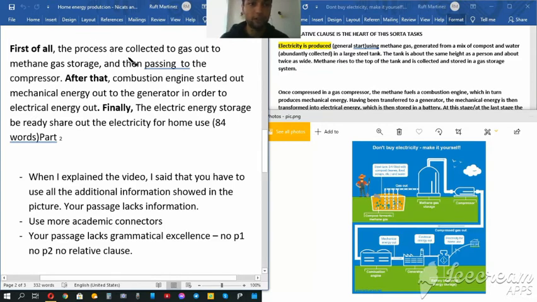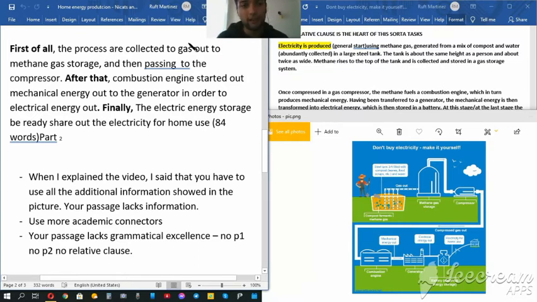How can you collect a process? You can say the process begins with collecting something, but the process cannot be collected. So this sentence is not right. Another mistake you've made: you said process are collected. Process is a single noun, so you have to use is.